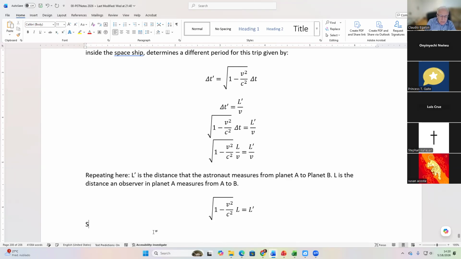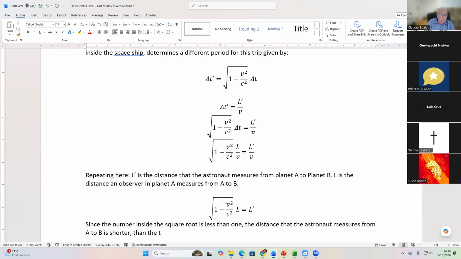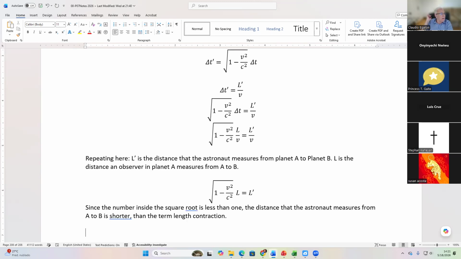Since the number inside the square root is less than 1, the distance that the astronaut measures from A to B is shorter. This is the term length contraction.